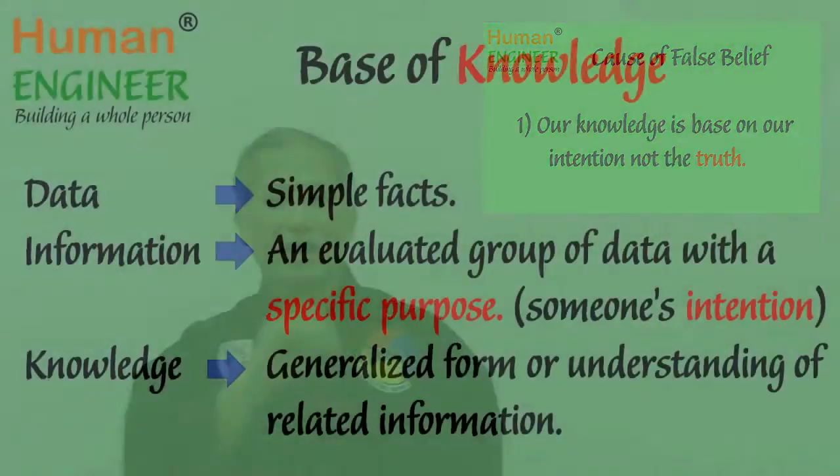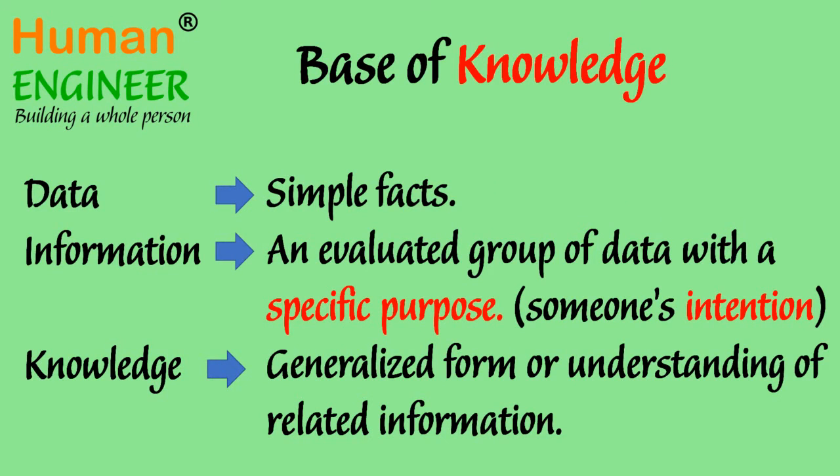As you know, our belief comes from our knowledge, information, facts, and data. However, regarding the steps of becoming knowledge, I want you to look clearly at this. Data means a simple fact. Information is for a specific purpose. We arrange groups of data, but whose purpose?